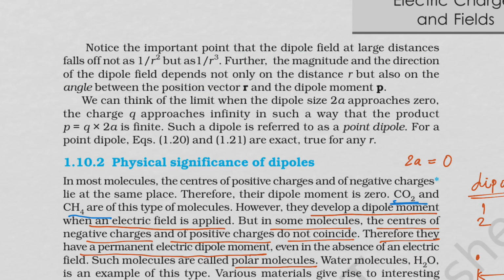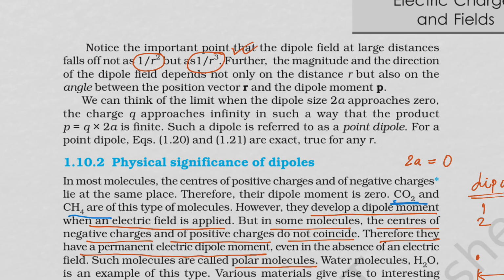The last thing to include here is that usually the electric field has this element 1 upon r square, but when it comes to a dipole, it is always 1 upon r cube. So if we go far from the dipole, the field strength really goes down. It reduces in the ratio 1 upon r cube with respect to the electric field due to a single charged body.